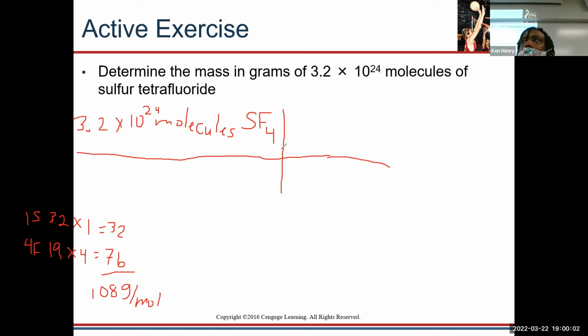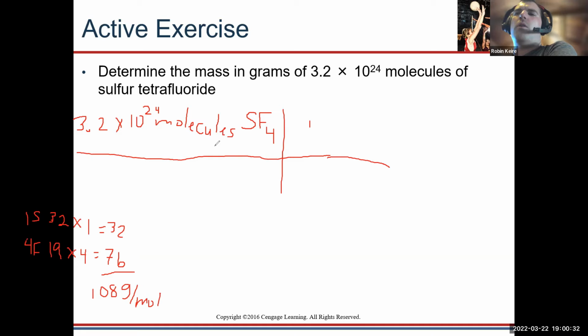But I have molecules. So how am I going to cancel out my molecules? You said 1 mole on top? Are you sure? Because this is a mole, and this is a molecule. Are they the same units?